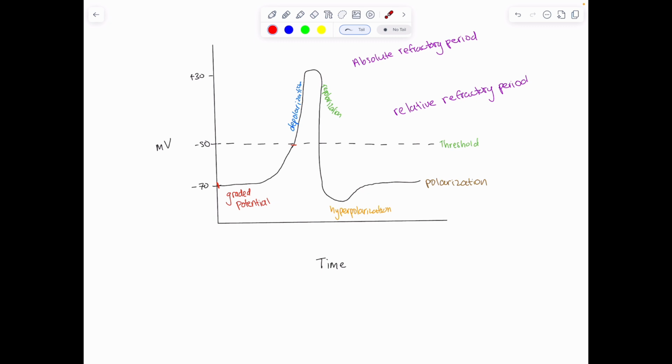Right in here, we also have all of the potassium leak channels open. There are still some voltage gated potassium channels. Once we get to this polarization phase, back at the RMP, only the potassium leak channels are open, like it was right at the beginning. That is a little bit about action potentials.